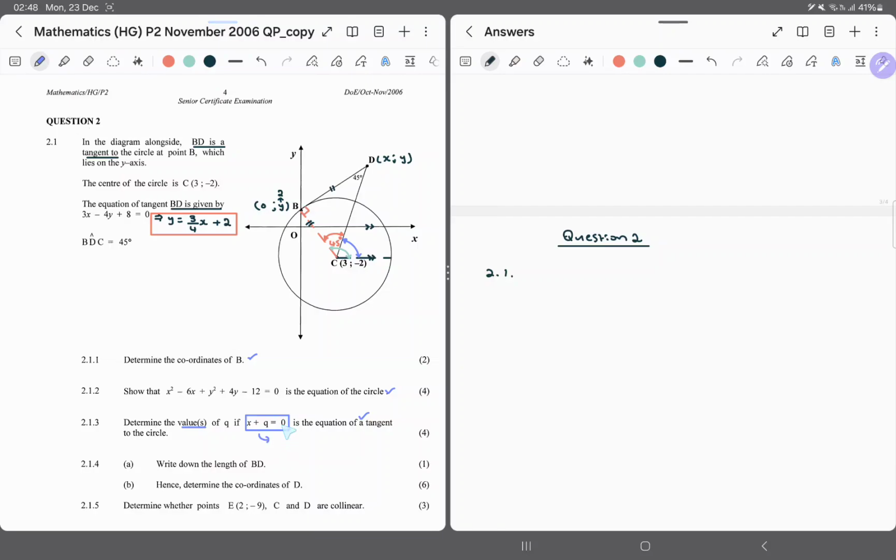So we can just see that, okay, if this is X plus Q, this is a vertical line because this is nothing but X is equal to minus Q. So for a vertical line to be a tangent, it means it's sitting over here and perhaps over there on the other side. Well, is it good? Yeah, it looks goodish, not really good, but goodish.